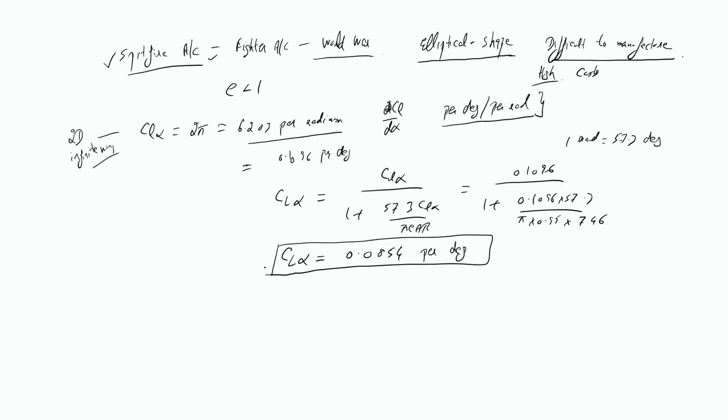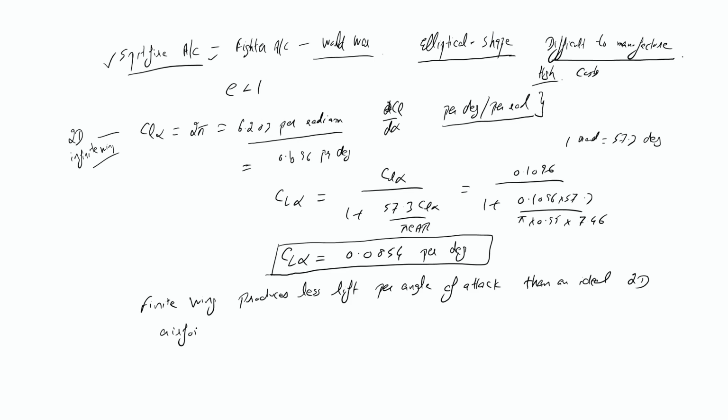So now we can finally say that a finite wing produces less lift per angle of attack than an ideal 2D airfoil due to the induced downwash.